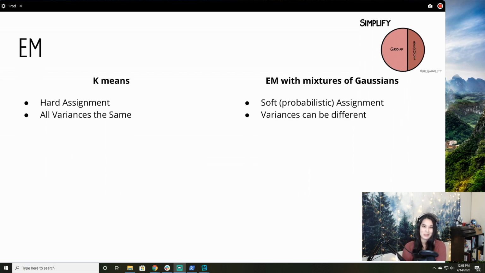We don't change them. They're hard labels. In contrast, with mixtures of Gaussians, instead of saying this data point is in this cluster, we can assign each data point a probability of being assigned to each cluster.